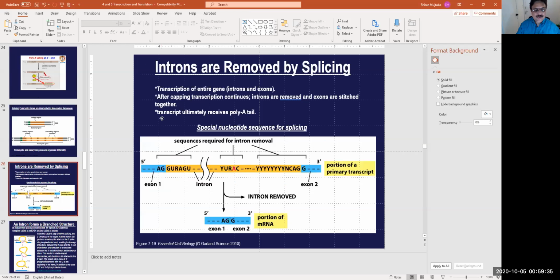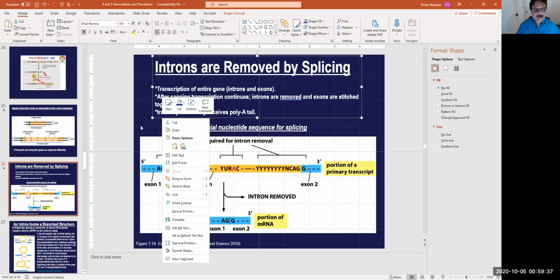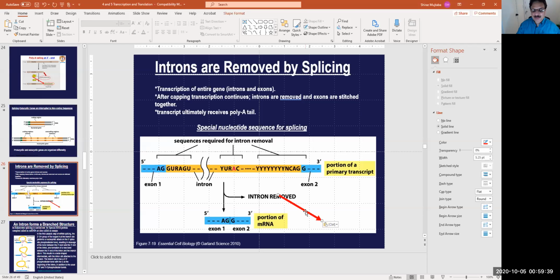But here, let's focus on the process of splicing. So the blue colors are exons, right? And the orangish or yellow color is intron. So I want you to focus on this adenine residue, right? This adenine residue in the middle of introns plays a very important role in splicing.